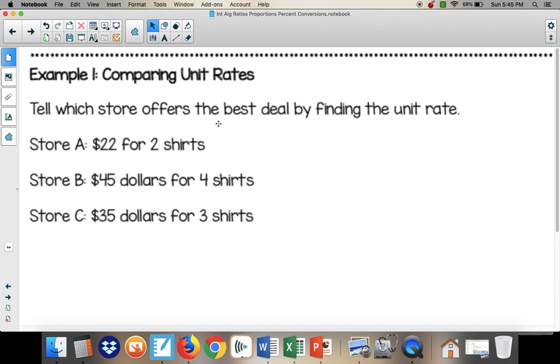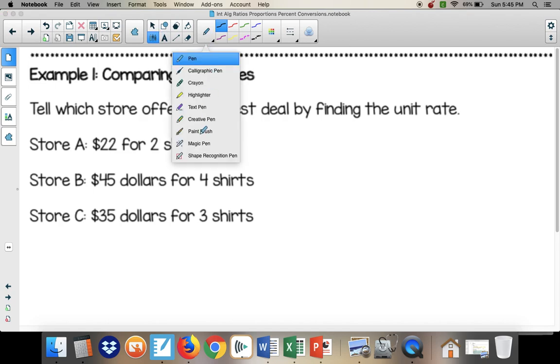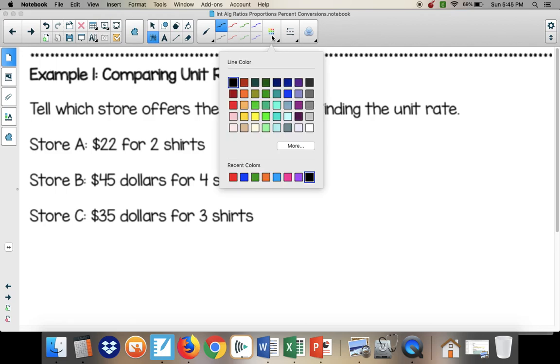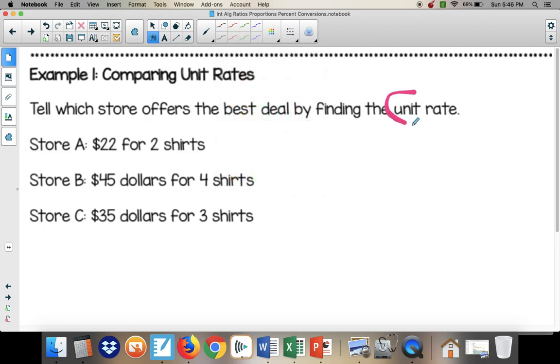So our first example is where we are going to be comparing unit rates. It says, tell which store offers the best deal by finding the unit rate. So unit rate, just like we had already said in the definition, is where you're comparing per one.